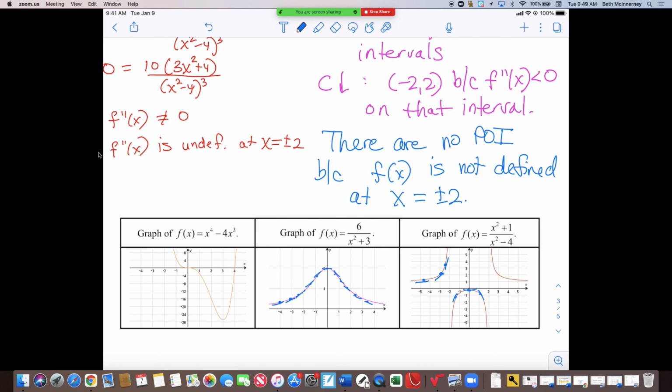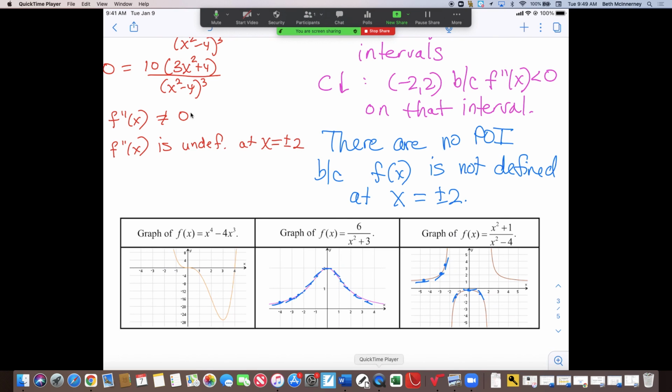Can you see it? In letter B, it was concave up, and then let me see what our point was again. I think it was at 1 and -1. You see, then it's changing here and here. It's changing that concavity.